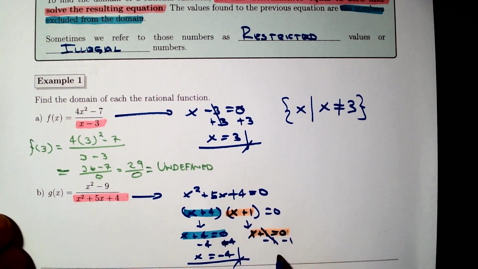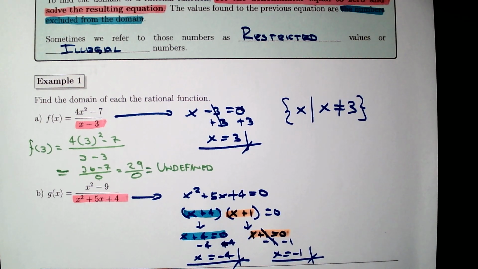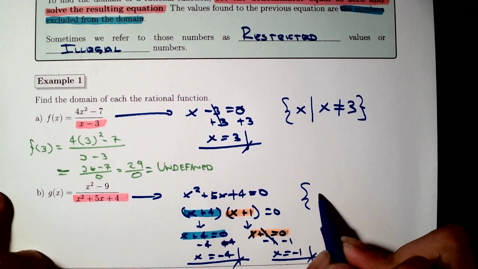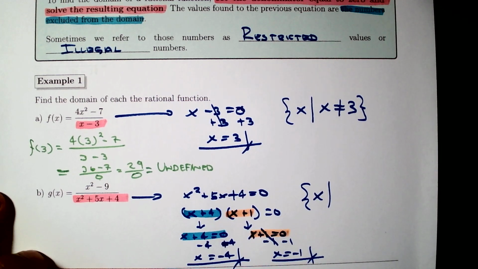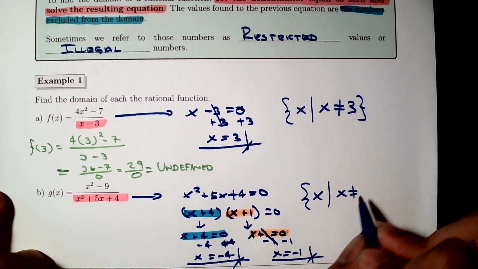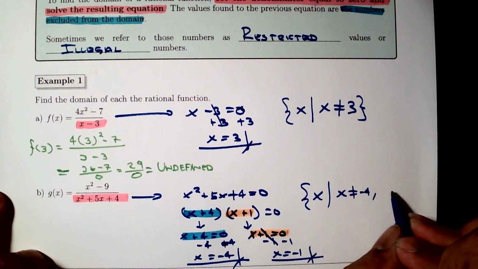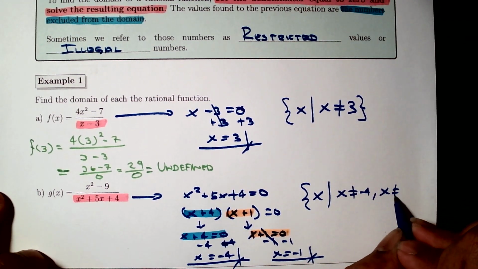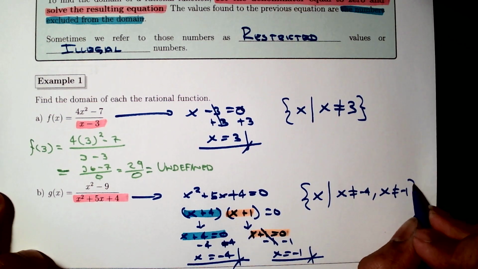Over here, subtract 1, x equals negative 1. Pretty simple. Now, how do we express this in set builder notation? x such that x cannot be negative 4 and x cannot be negative 1.